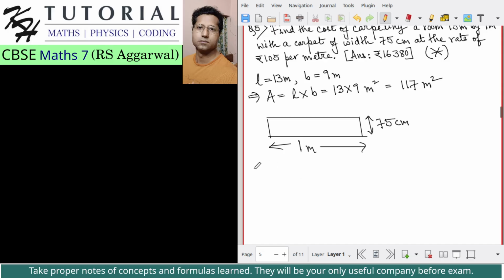As per the cost, 1 meter of carpet costs rupees 105. Okay.